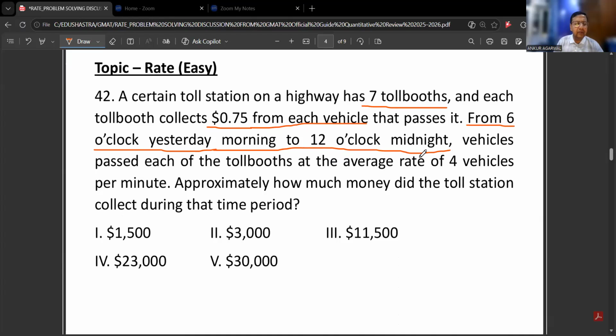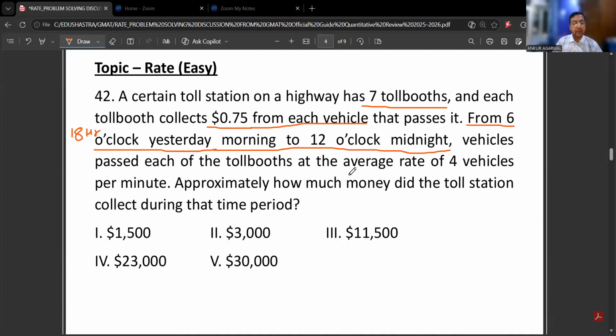So how many total hours? 6 a.m. yesterday morning to 12 o'clock midnight is 18 hours. So this way you can simplify, work back of the mind. Vehicles passed each of the toll booths at an average rate, this is again the rate.